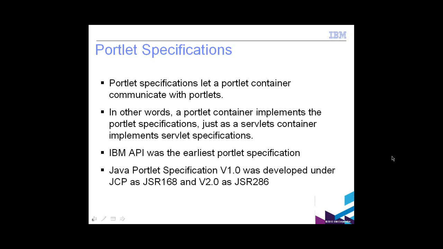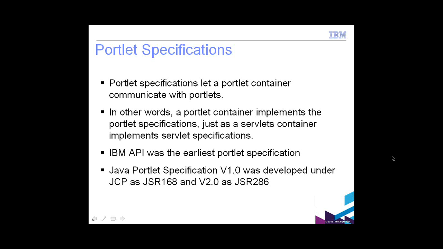And portlet specifications, just like servlet or EJB specifications, let a portlet container communicate with portlets. So once again, a portlet container implements the portlet specifications, and the specifications are the common language with which the portlet and its container talk together.